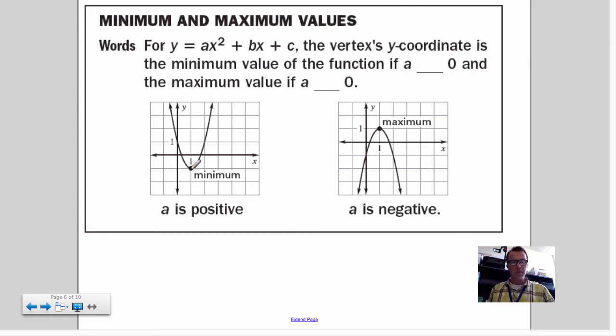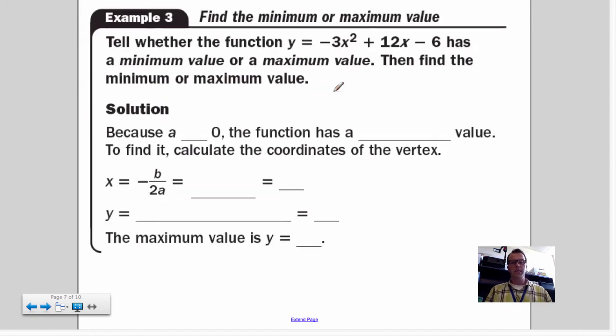Here's the minimum. We have minimums when the parabola opens up. The parabola opens up when a is greater than 0. And we have a maximum vertex when the parabola opens down, and then we get that when a is less than 0. So they say, can you find a minimum and maximum value? And so they gave us an equation.